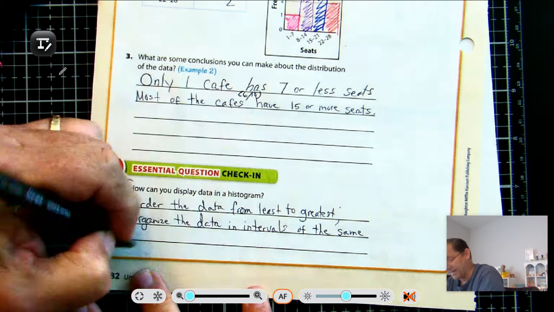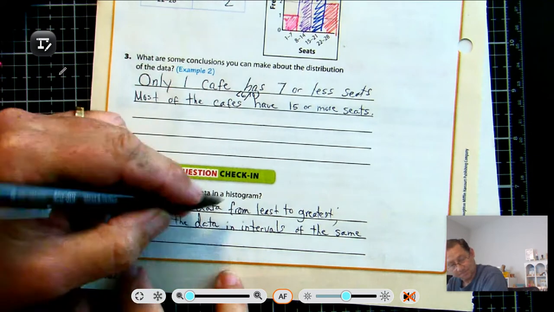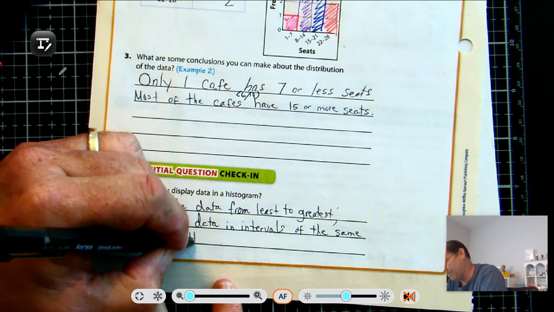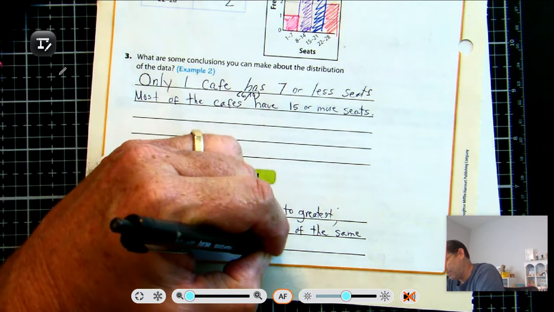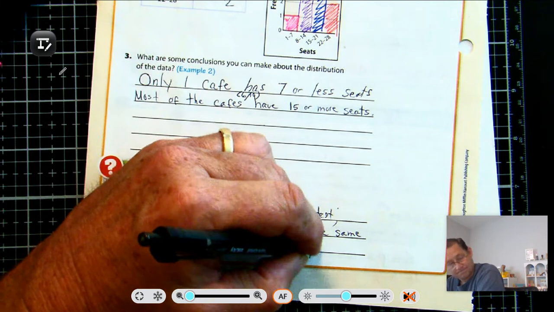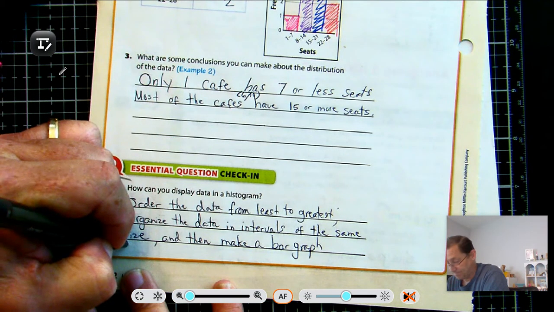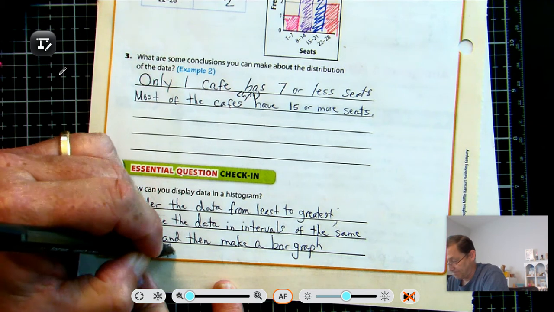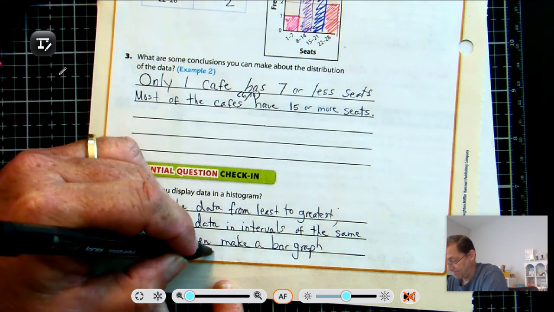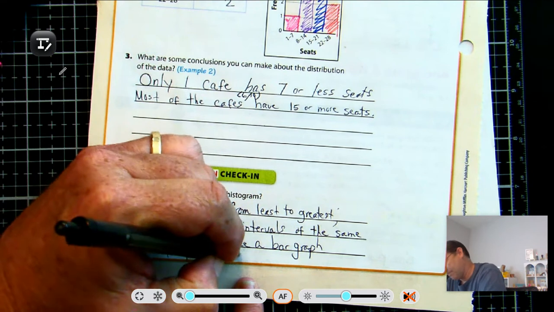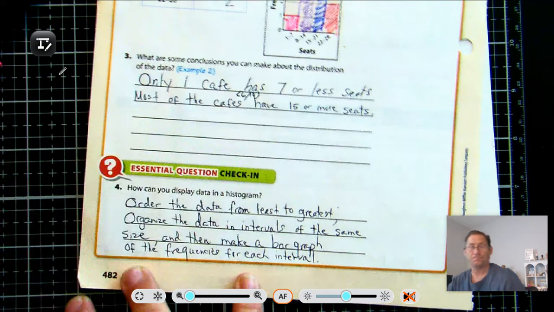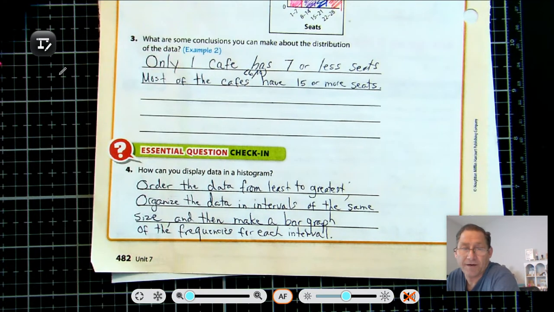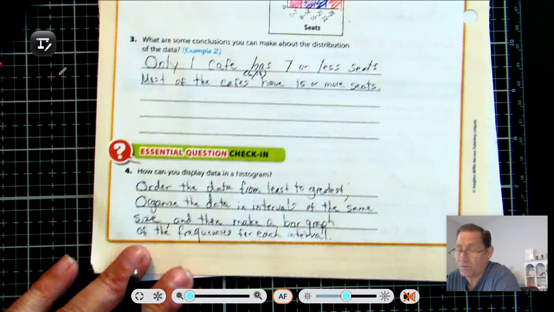The intervals need to have the same size. And then make a bar graph. All right, order the data from least to greatest, organize the data in intervals of the same size, make a bar graph of the frequency for each interval.